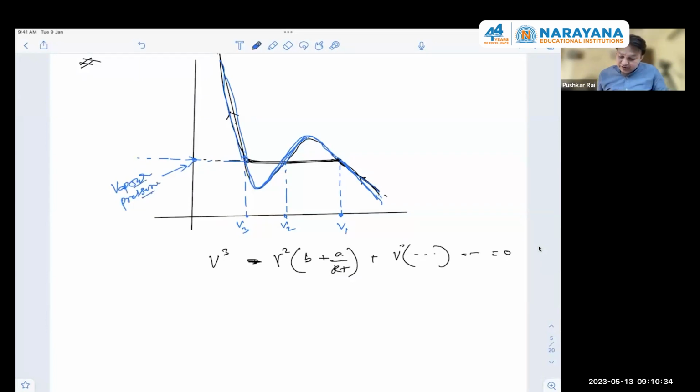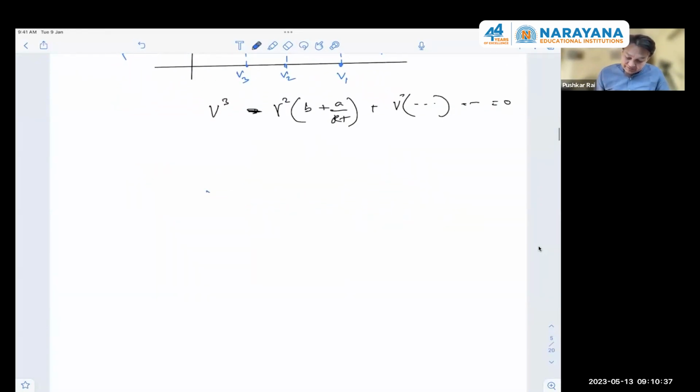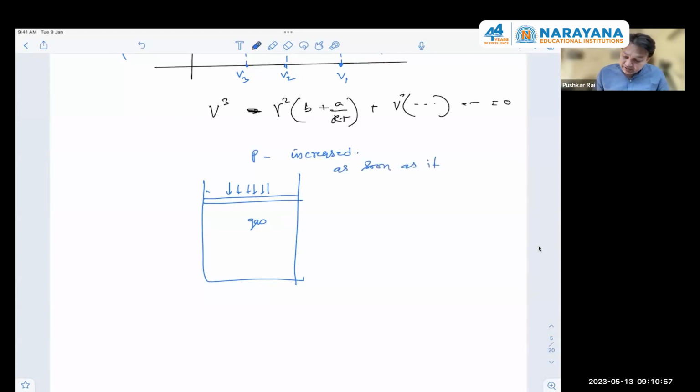So if this is vapor pressure, gas was there. You started applying pressure here. P increased, and as soon as it reaches the value of vapor pressure at a given T, what happened?